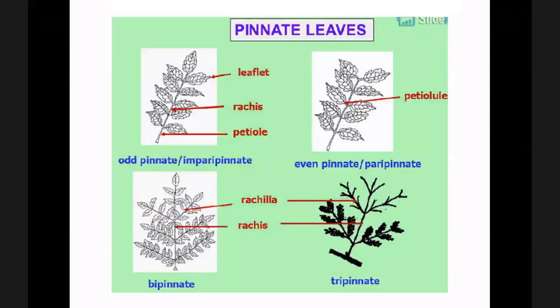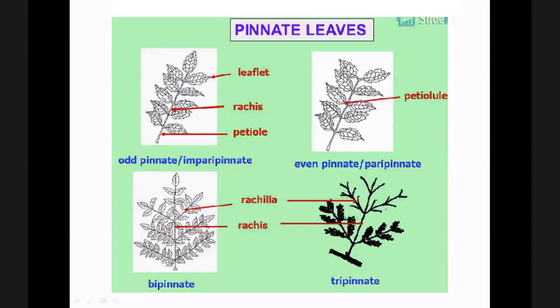Tripinnate means these leaflets are themselves bipinnate. This one leaflet is further divided, and we call it tripinnate compound leaves. Here you can see the main axis, which we call the rachis.